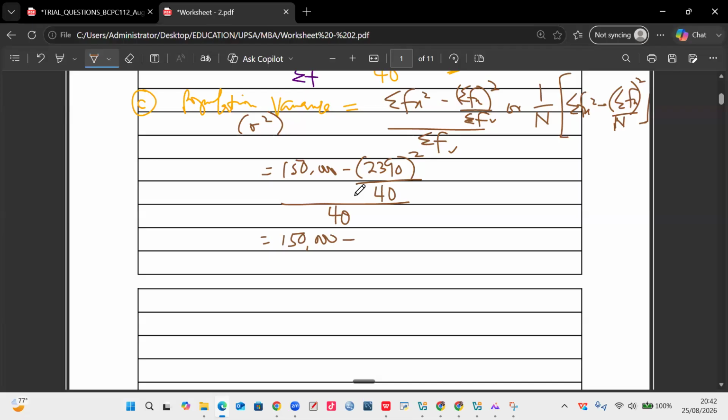Wait, before you start, press mode and 1, because it might give you a wrong answer. Do you see stats at the top of your calculator screen? No, it's gone. So you press mode and 1, just in case, so that it will be cleared off. So 2,390 squared, what do you have?